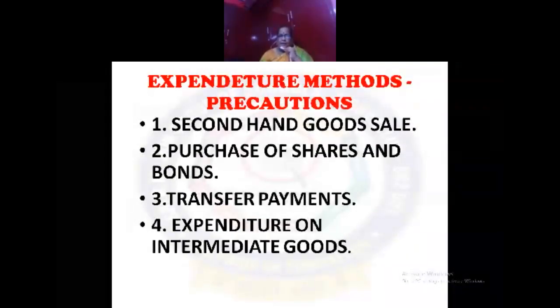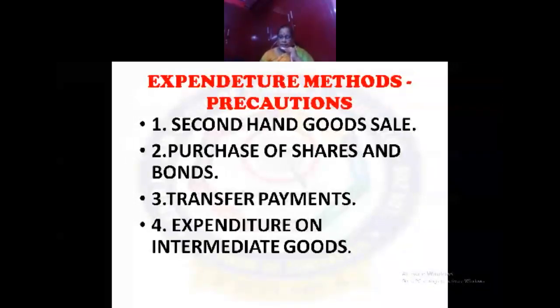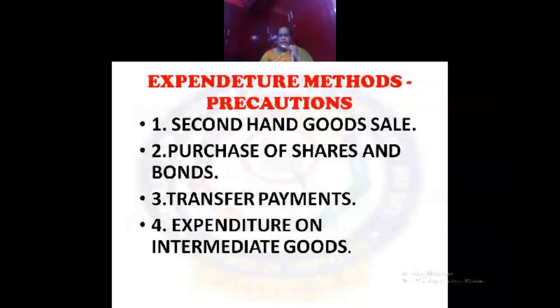Number one, second-hand goods sale, which we have already seen in income method. Second, purchase of shares and bonds. Third one, transfer payments, again which we have seen in income method. Fourth one, expenditure on intermediate goods.